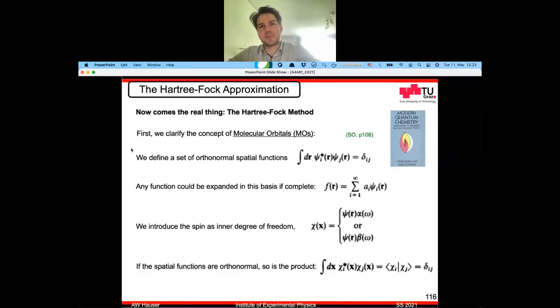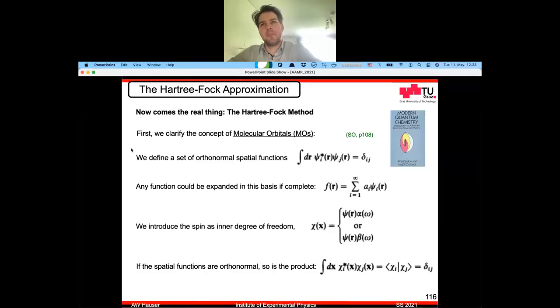A spin orbital is by definition an orbital that can only be occupied by a single electron, because it also contains the specification of spin already. That's what we call a spin orbital, in contrast to a spatial orbital, which just describes the probability of finding the single electron somewhere in space.